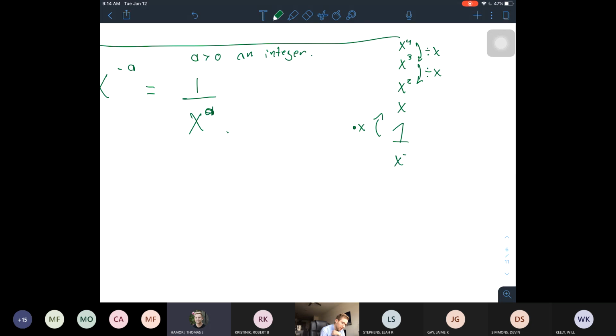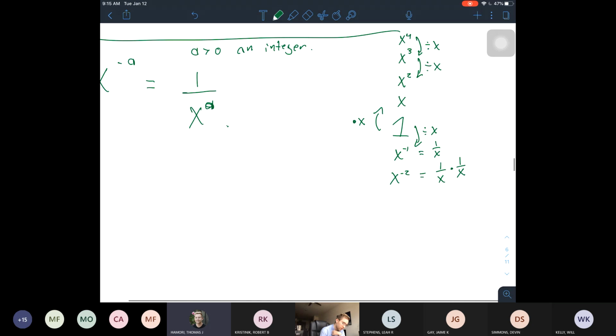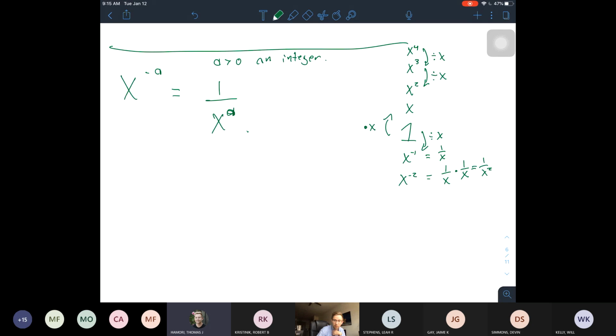So by this logic we'd have x to the negative 1 and x to the negative 2. Dividing 1 by x means x to the negative 1 should be 1 over x. X to the negative 2 should be 1 over x times 1 over x, because dividing by x is the same as multiplying by the reciprocal, which equals 1 over x squared. So this definition makes sense. If we take a negative power, we put the thing in the denominator and make the power positive. That's all we do.